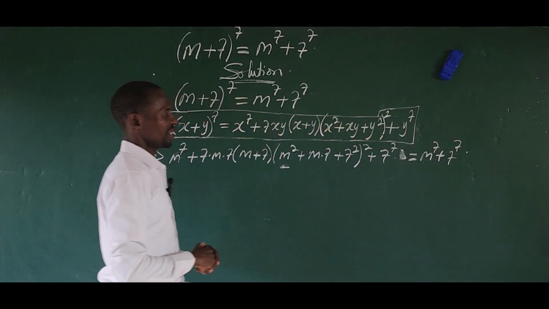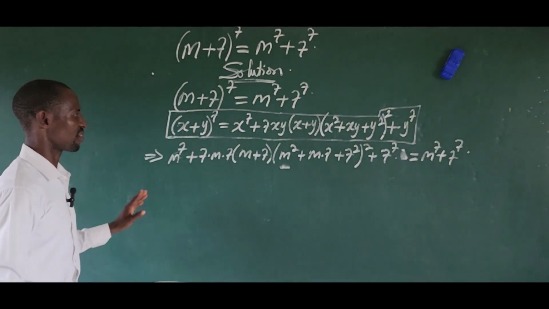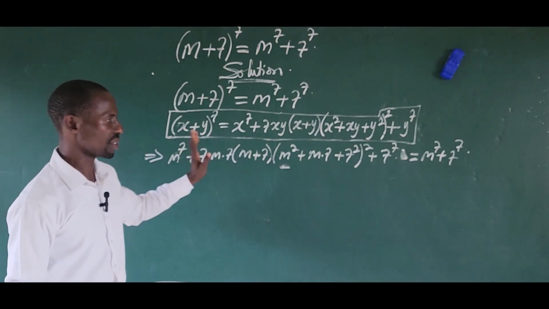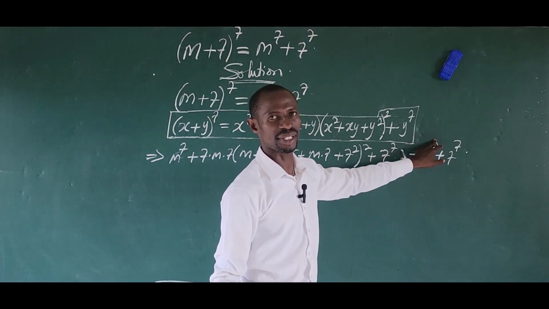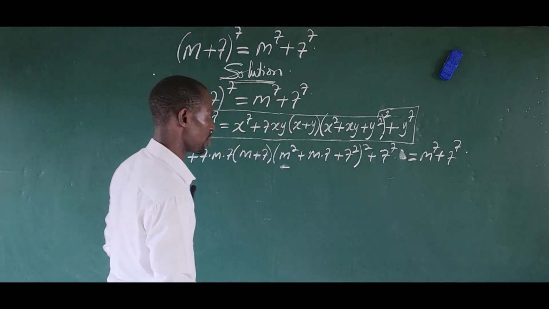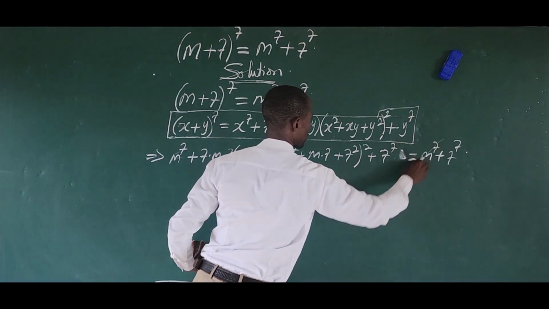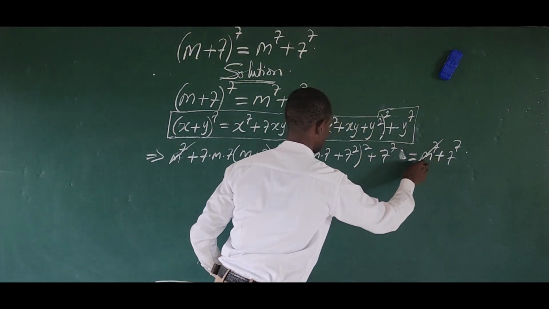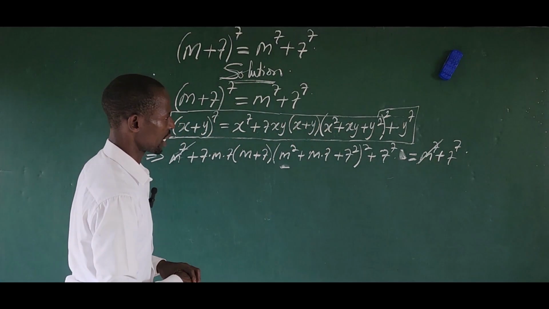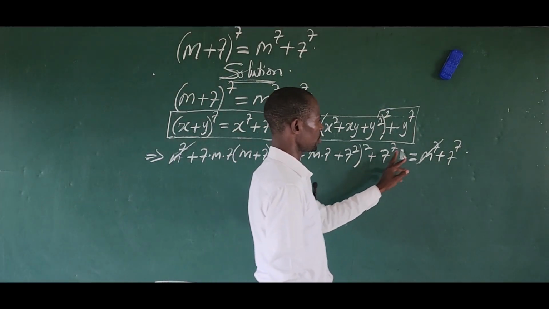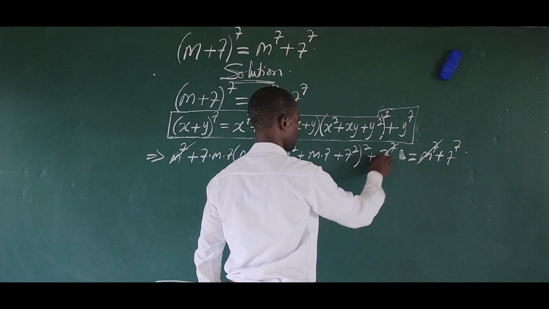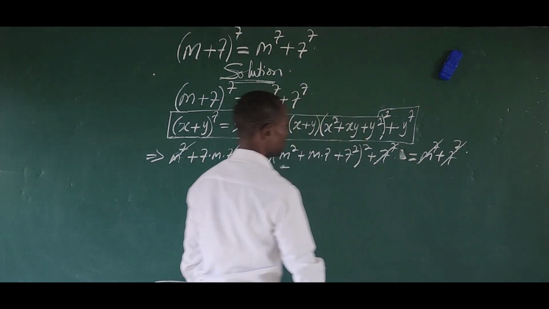From here, you discover that we have m to the power of 7 on this side, positive, and m to the power of 7 on this side, positive also, so they cancel. Again, we have plus 7 to the power of 7 here and plus 7 to the power of 7 there, so these leave.